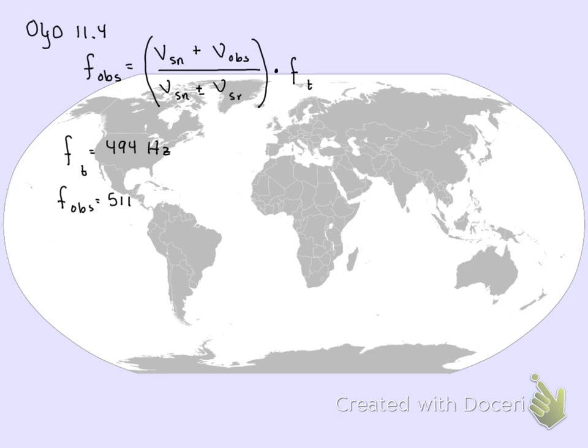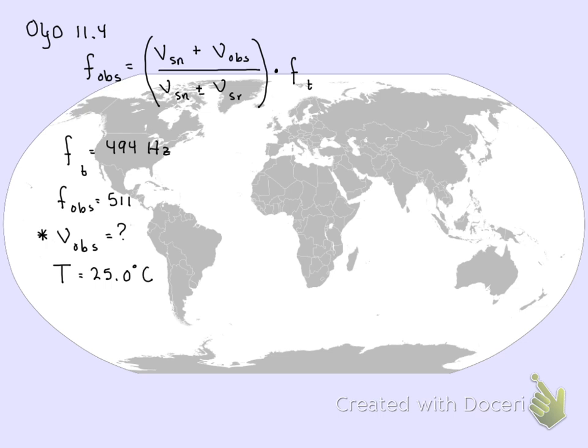How fast is she driving? So obviously, the velocity of the observer is our main unknown right there. And we are also given the temperature. So this problem is buried in several different unknowns, okay?